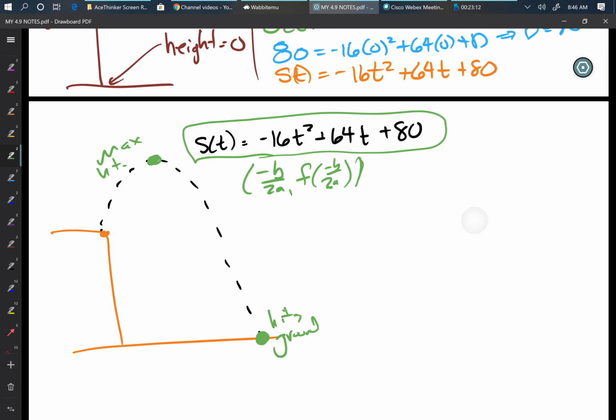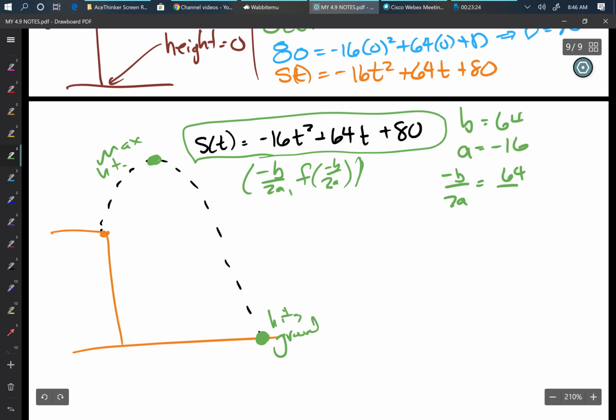Right? So for this problem, what's b? Well, b is 64. And what's a? Negative 16. So plugging things in, negative b divided by 2a is going to be negative 64 divided by negative 32, which is 2. So then the vertex is when t equals 2.